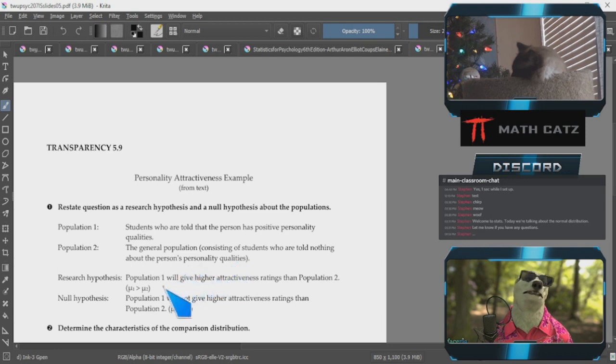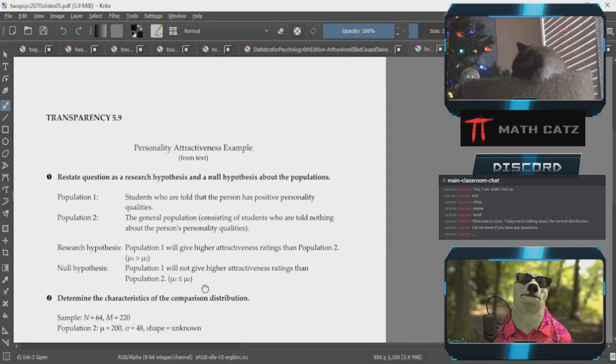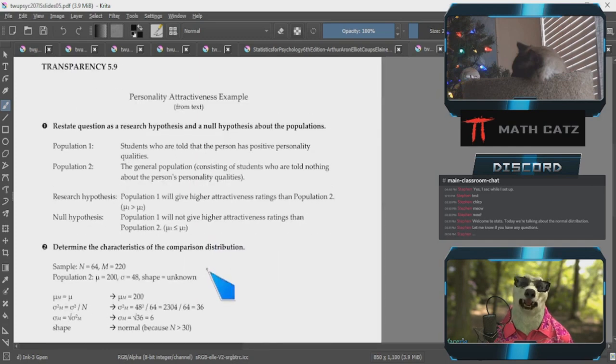And our research hypothesis, what we kind of want to be true, or we hope, is that this information increases the average attractiveness rating, against the null hypothesis that it does not. So our setup is very similar. It's just our comparison distribution is now the distribution of means.